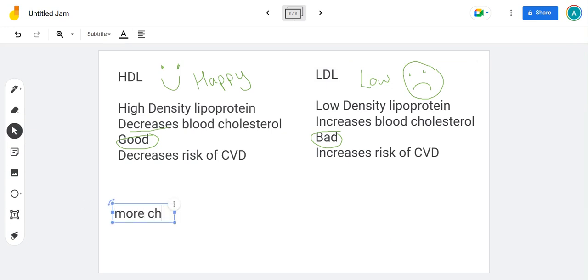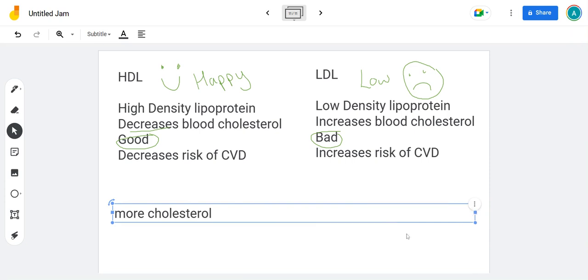If we've got more cholesterol, there is more to be accumulated in the artery wall.